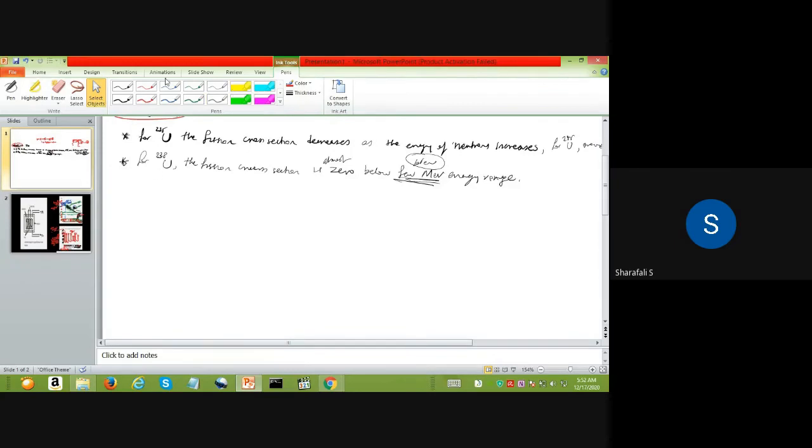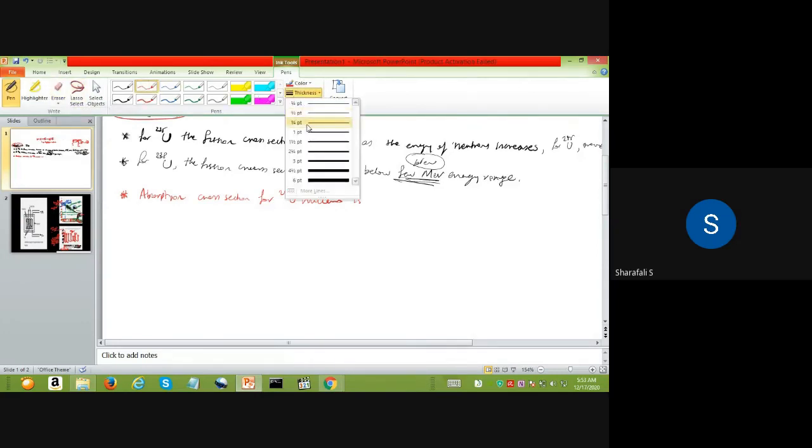I will just write that point. What we just discussed for the case of the absorption cross section for the uranium 238 nucleus is that the absorption cross section is very large when the incoming neutrons have low energy.